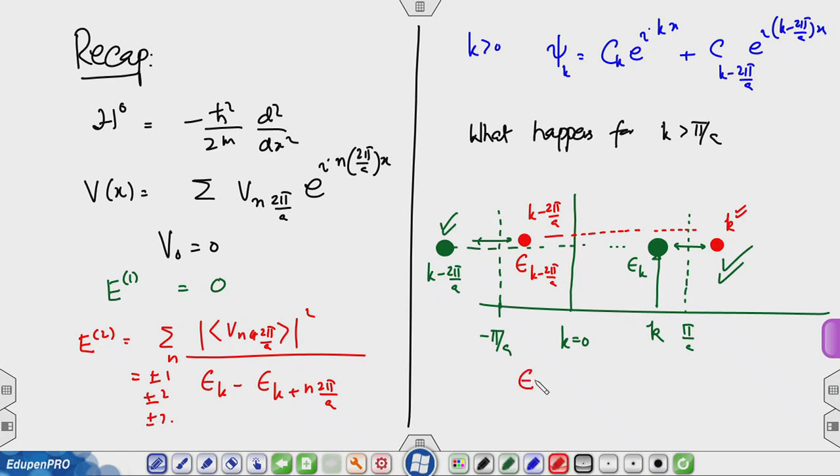I am going to say that E of k, for k greater than pi by a, is the same as E of k minus 2 pi by a, where this red k is slightly greater, and E of k minus 2 pi by a is the same as E of k by symmetry. And anyway, V of 2 pi by a squared is the same. So, if you go back to the energy expression, they will come out to be the same.